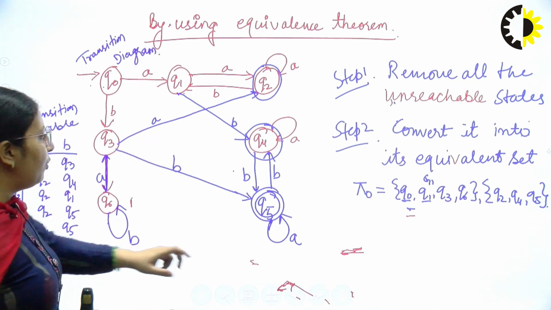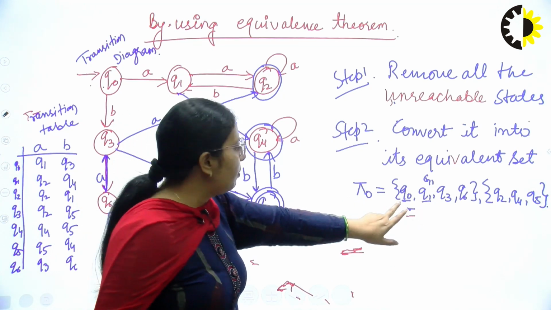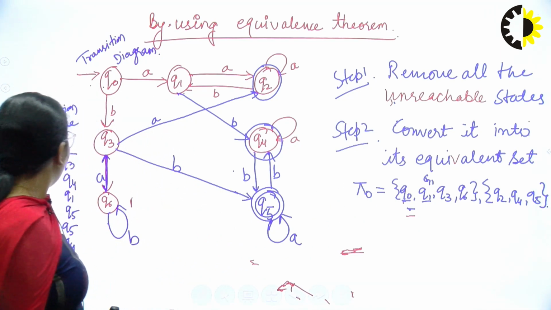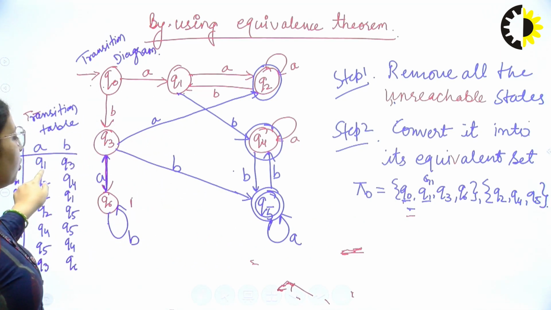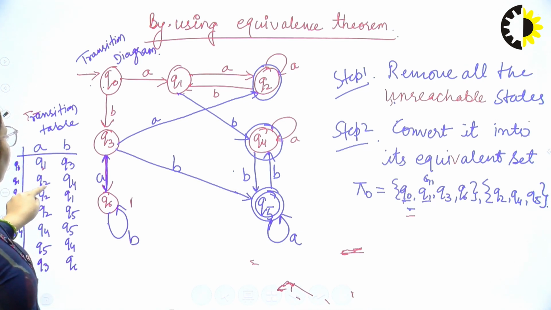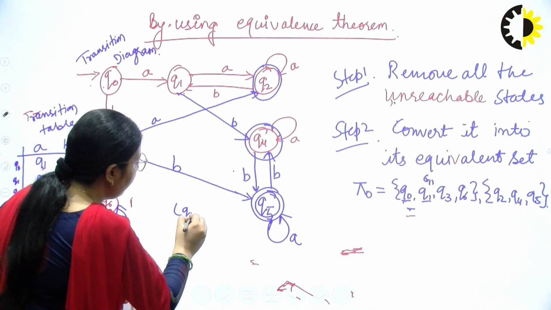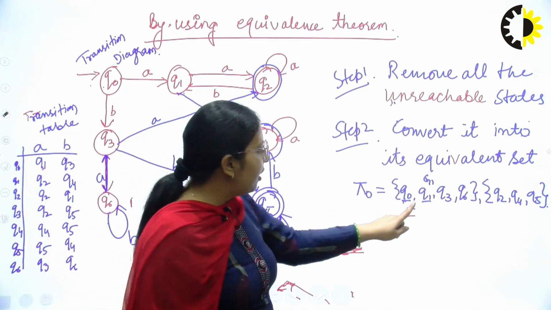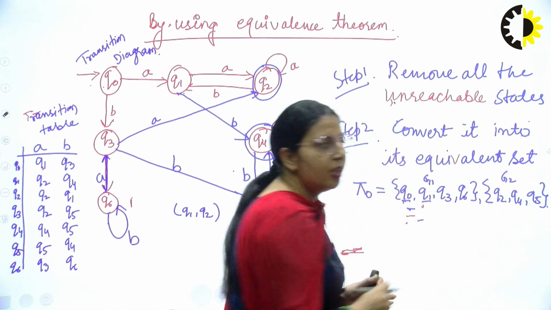Right. Now we have to check. The first step is to check the Q0 and Q1 transitions. On input symbol A, Q0 goes to Q1, and on input symbol A, Q1 goes to Q2. Now we have to check whether Q1 and Q2 lie in the same set. Q1 is in the G1 set and Q2 is in the G2 set.